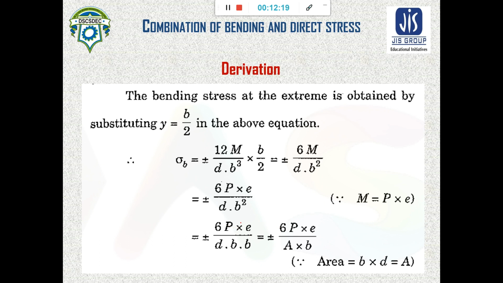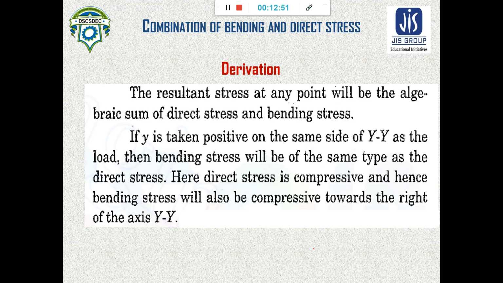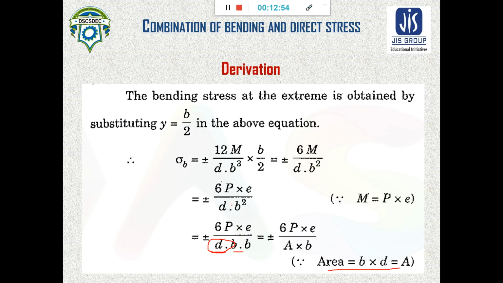If we simplify further, we can write b square as b into b, so we write d b into b, which is equal to 6P into e by A. Here d into b is nothing but the area, so we can write 6P by A into e by b, where e is the eccentricity and b is the breadth. This is our sigma b equation, equation 2.